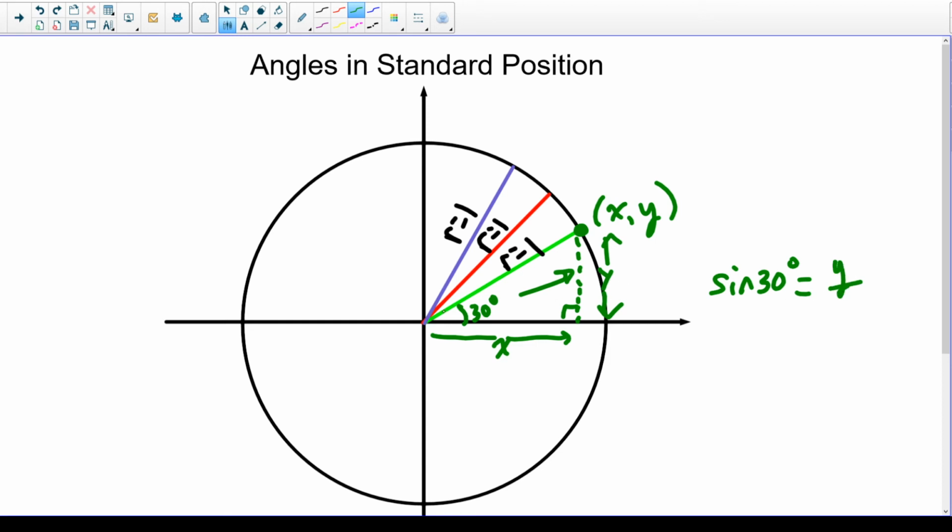What's the hypotenuse? The hypotenuse is the radius of the circle. But even more than that, the radius is 1. So really, sine 30 is directly equal to y. So I now know what the number value is for the y of that coordinate. It's sine 30.